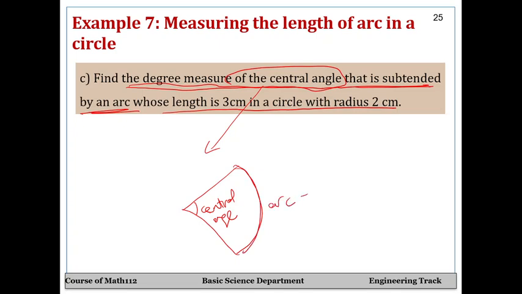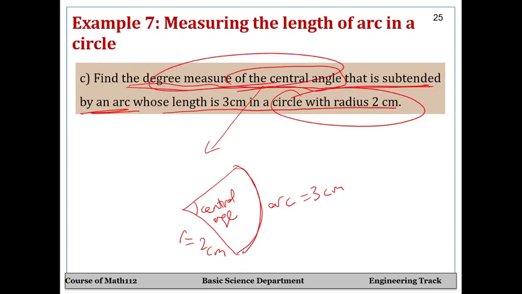Now the arc length is 3 centimeters, so this is given, and the radius is given, 2 centimeters, circle. Now, what is the central angle then? So it's better we say theta is equal to the central angle, and then we can calculate it.